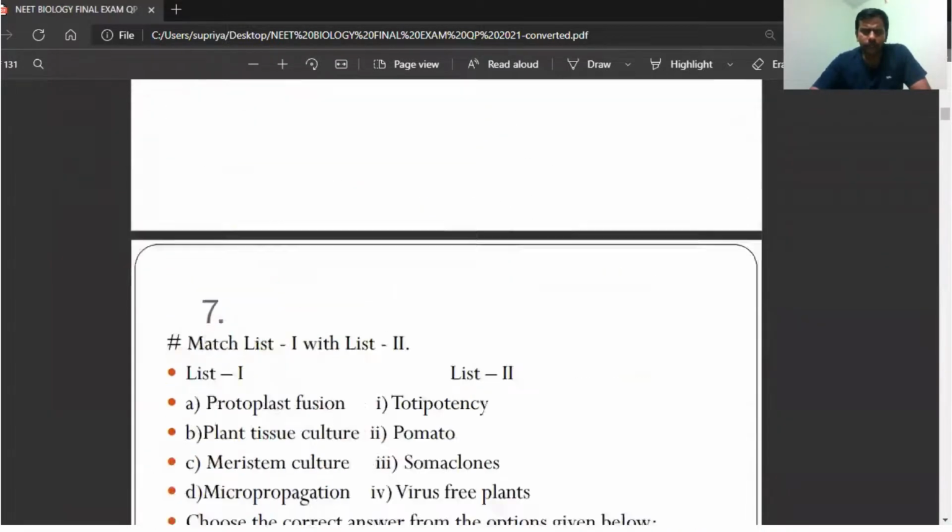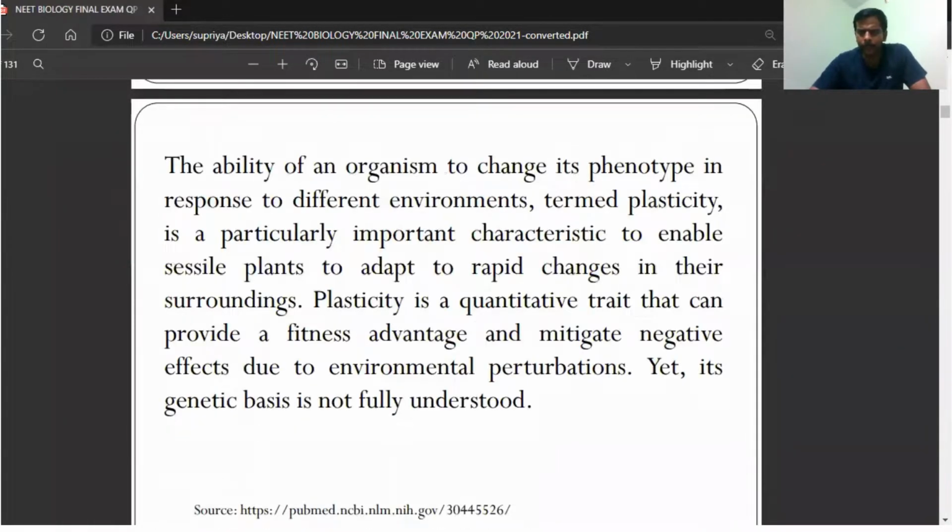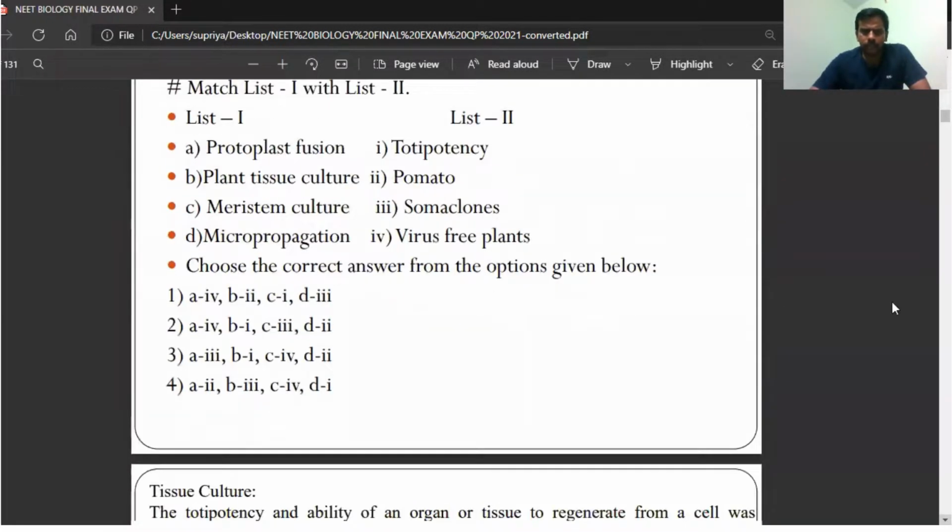Now see, students, here we have to match exactly. See protoplast fusion: with the help of protoplast fusion, they develop pomato.